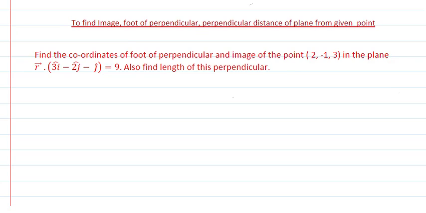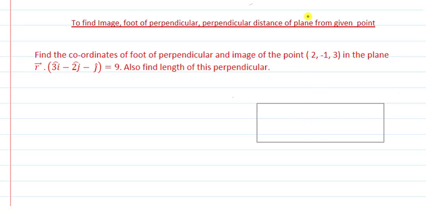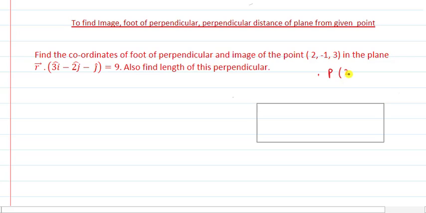First of all, let me draw one plane. This is the plane with us, and we need to find the image of this point in the plane. Let the point P have coordinates 2, minus 1 and 3, and we need to calculate the image of this point P, the foot of perpendicular of P on the plane, and the length of this perpendicular as well.